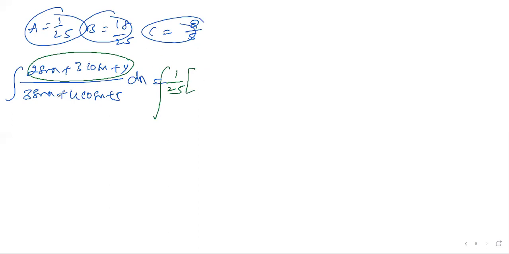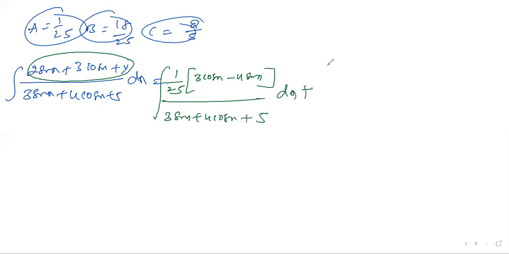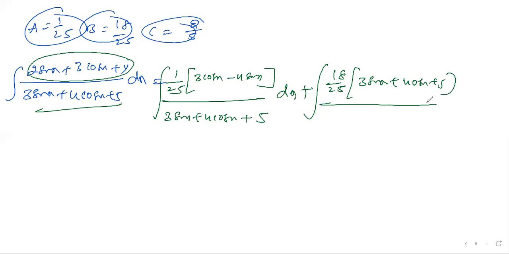What's the derivative of the denominator? 3 cos x minus 4 sin x, by the denominator, I'm copying as usual, 3 sin x plus 4 cos x plus 5 dx, plus the value of b, 18 by 25, denominator the same, you copy, don't take the derivative. I'm writing this for the cancellation. Next step I'll cancel as it is, 4 cos x plus 5 dx.